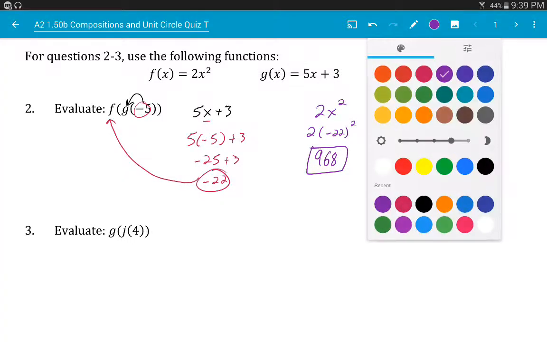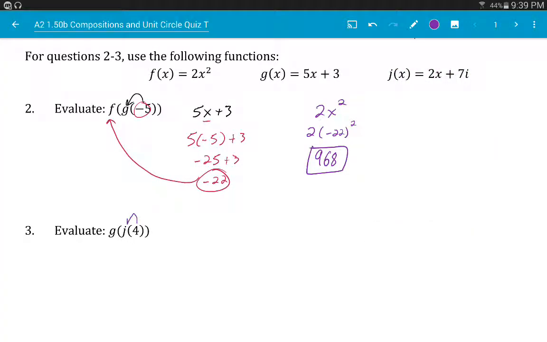g of j of 4, so I'm going to be putting 4 into the j function. The j function is 2x plus 7i. I'm going to be substituting 4 for the x, so 2 times 4 plus 7i, and that's 8 plus 7i. Now, that's the first step. That has to go into the g function.